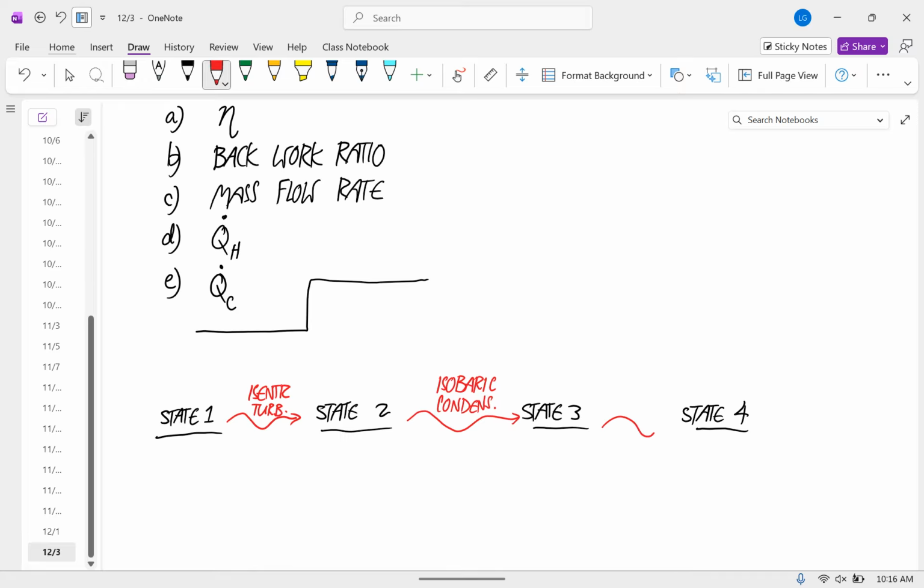From state 3 to state 4, what's that process? It helps a lot if you remember these. This is an isentropic pump. And then the last one, from state 4 all the way back to state 1, this is an isobaric boiler, right?